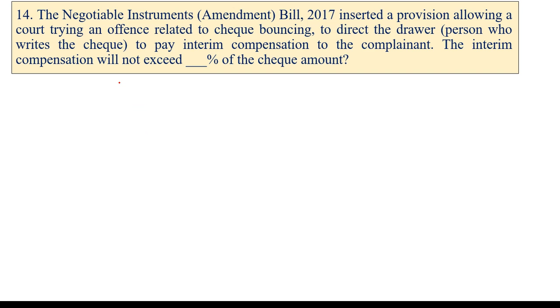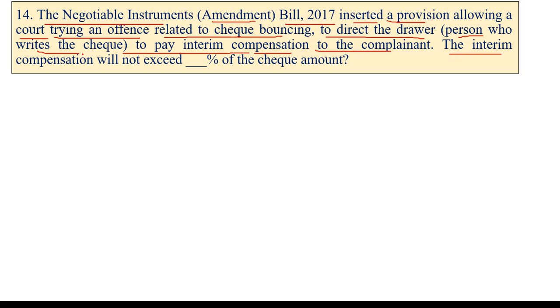Question number 14. The Negotiable Instrument Amendment Bill, 2017 inserted a provision allowing a court trying an offense related to check bouncing to direct the drawer. And who is the drawer? The person who writes the check to pay interim compensation to the complainant.